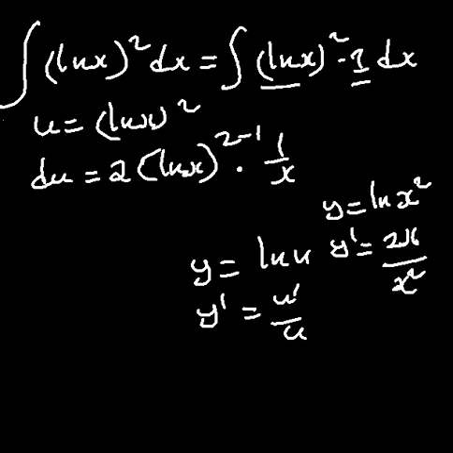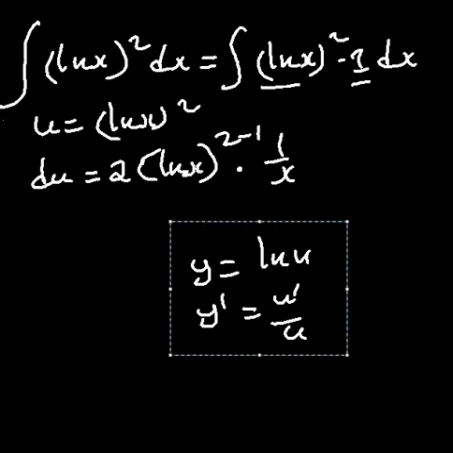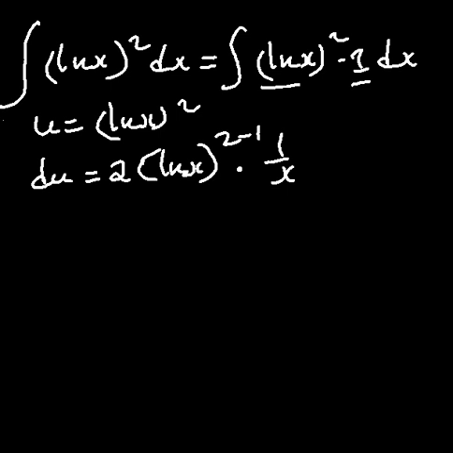That's the principle behind that. So keep that. In this case, this is the same as 2 over x times ln x. That will be given as that.